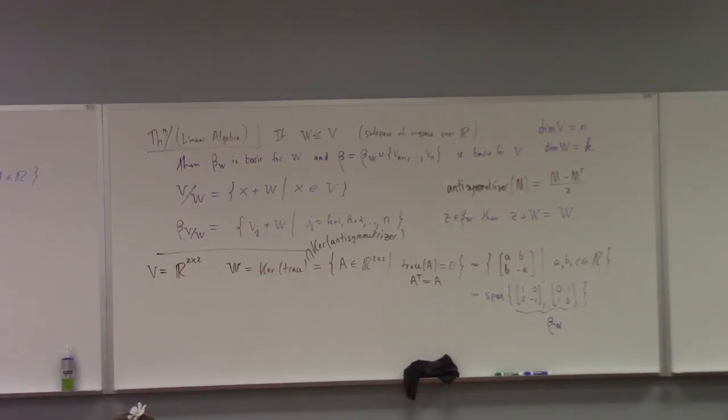If we're just talking about how many, that's not particularly interesting because all of these have the cardinality of the continuum, so big deal. But if you think about dimension, it's more interesting, because the dimension of the quotient space by symmetric matrices is the dimension of the antisymmetric matrices and vice versa, is what that theorem actually says.